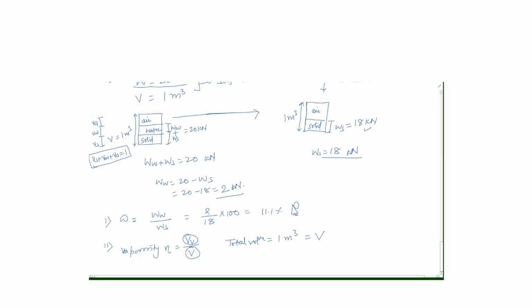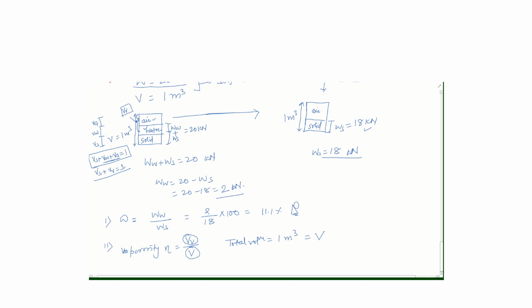And the two volumes of water and air together make the voids volume, because in the voids, air and water get entrapped. That's why these two represent the volume of voids. So volume of voids is nothing but volume of water plus volume of air.